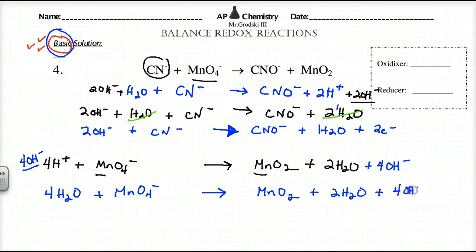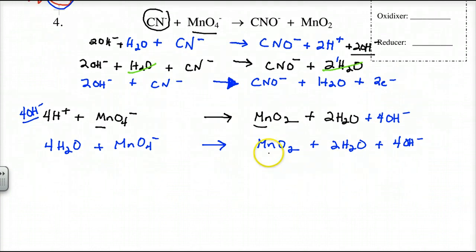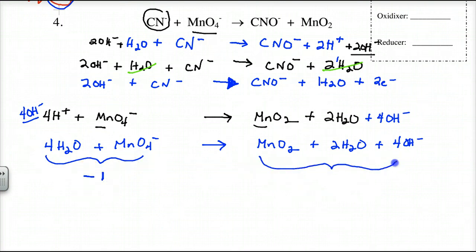Nothing changes over here. So now, in this half reaction, I'm going to have to balance the charge. On this side, we have a -1. On this side, we have a -4 because of the 4 hydroxides. So clearly, I need 3 more negatives on this side so that this half reaction has the same charge on both sides.